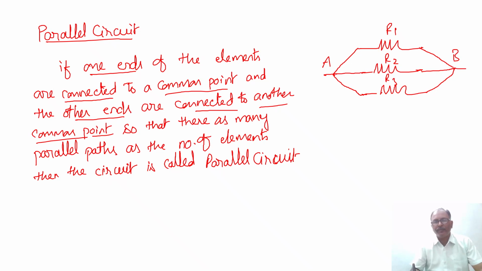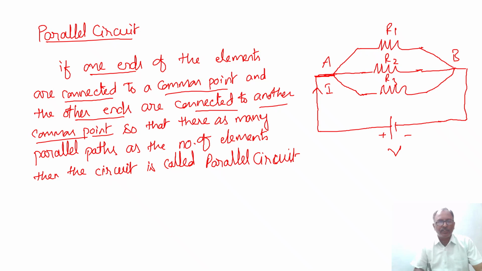Suppose this combination is connected across a DC voltage source, let us take the voltage source as V volts. Here, due to the connection of supply voltage, a current of I amperes will flow in the circuit. Now, there are as many parallel paths as the number of elements.